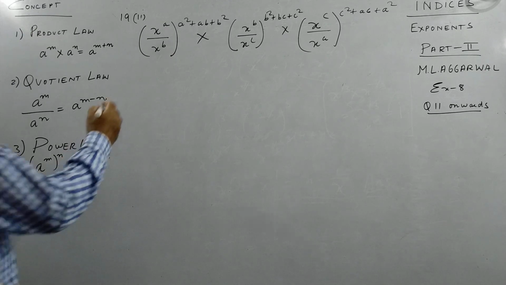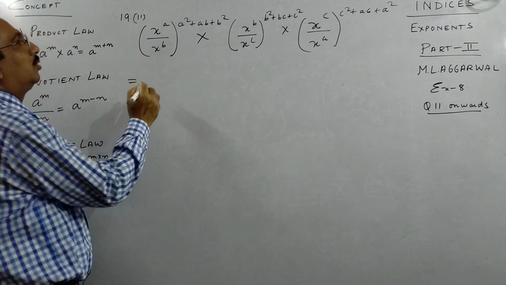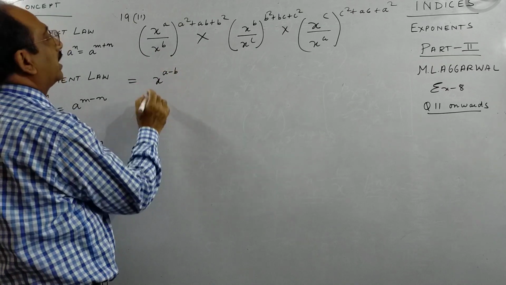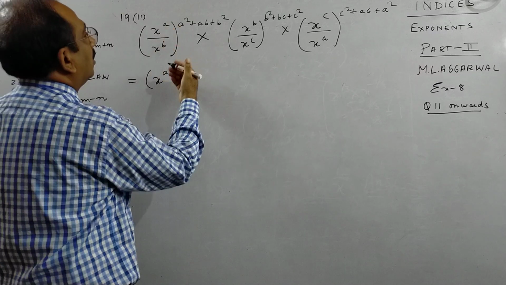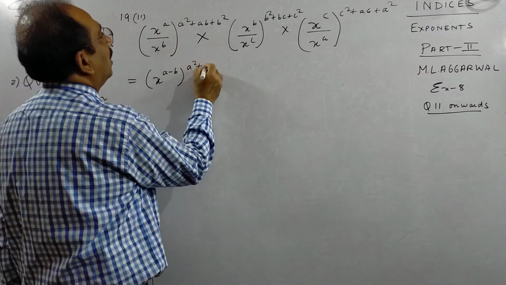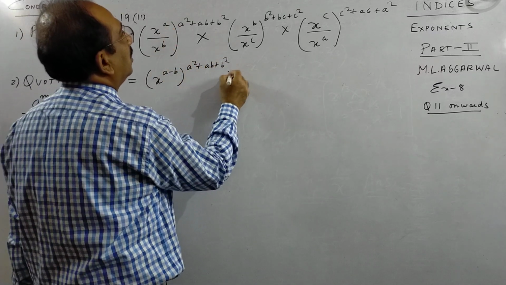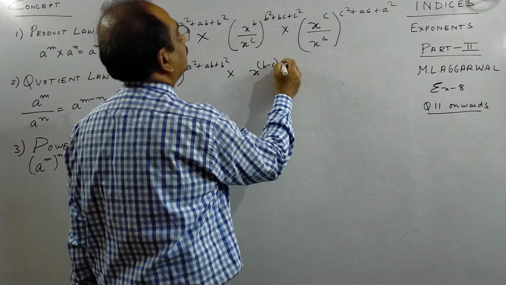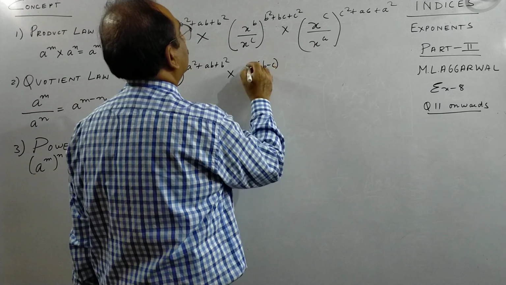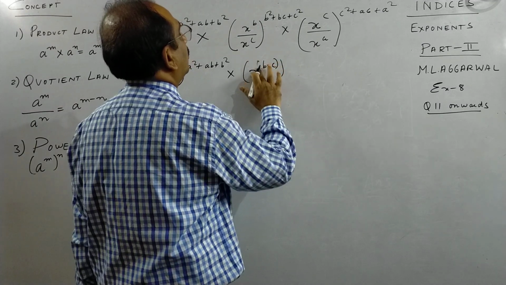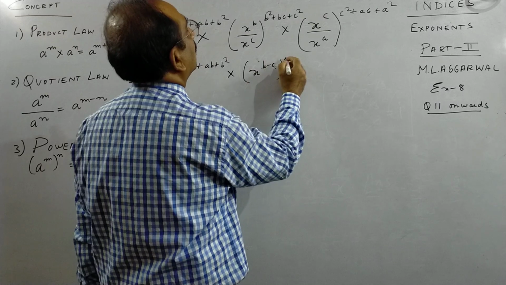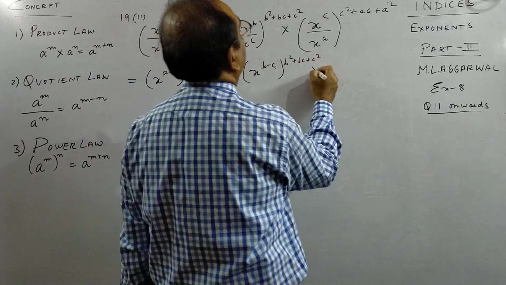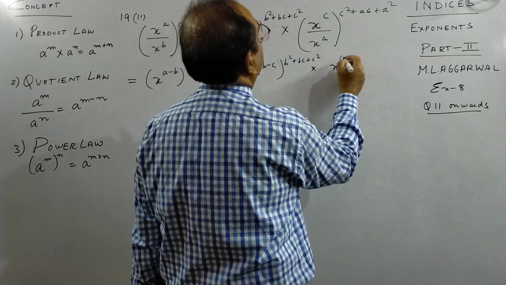So next we move on to question 19 part 2. In this first step we can write a minus b in the bracket because of the quotient rule, and similarly this will be x to the power b minus c. This bracket will go in the next step, and this is x to the power c minus a.